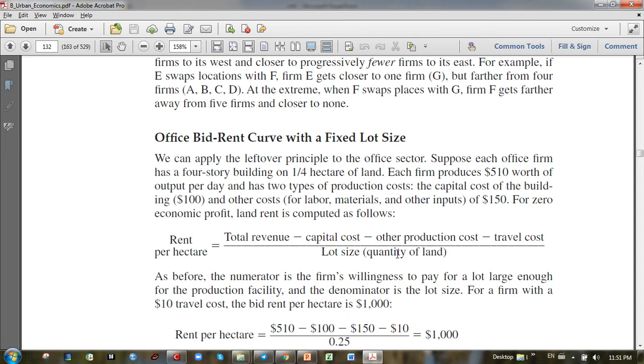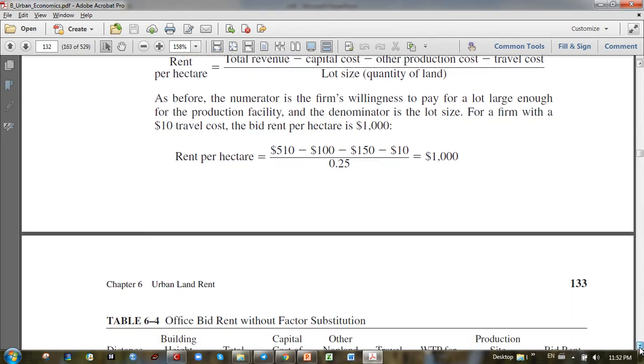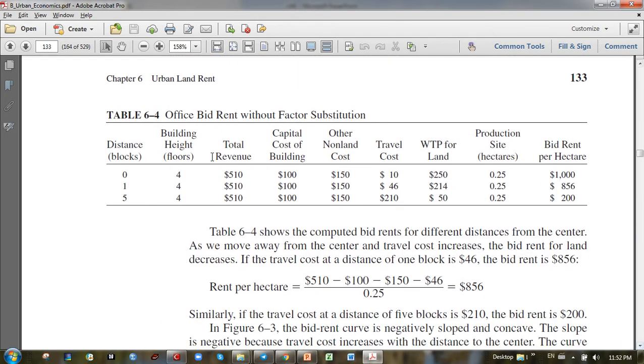When you answer, you need to also capture the calculation. I'm waiting to see the way that you show the presentation. Table 6.4, office bid rent curve without factor substitution. Now the next one will be with factor substitution.